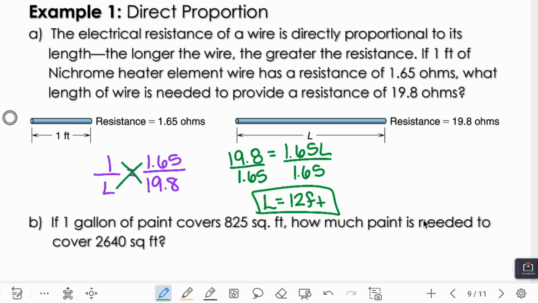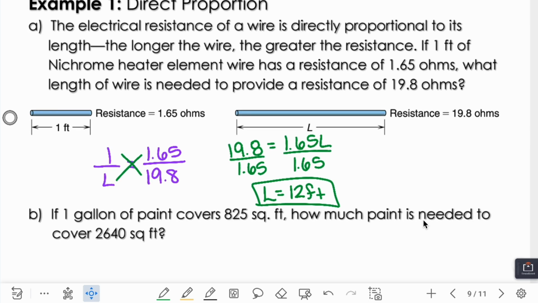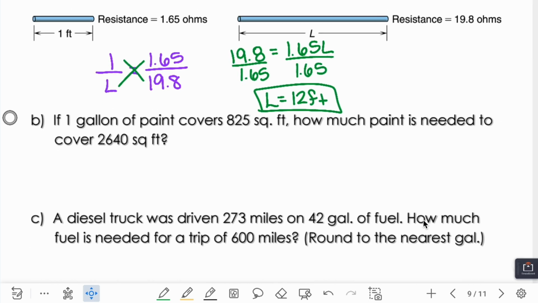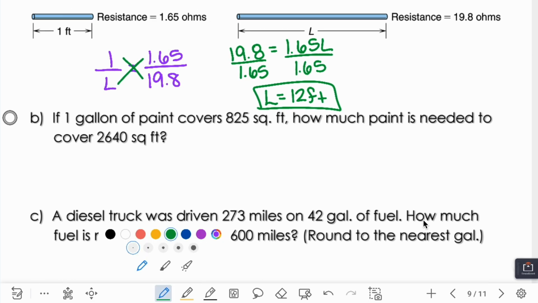Okay, for the next one, we're going to talk about paint and how many square feet it covers. So on this one, we're still doing a directly proportional relationship. It says 1 gallon of paint covers 825 square feet. How much paint is needed to cover 2,640 square feet? So I can start by setting up my proportion.